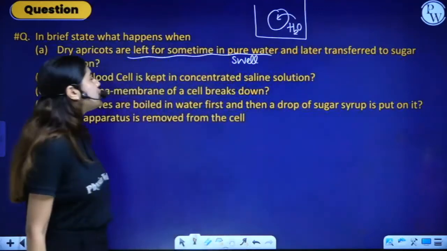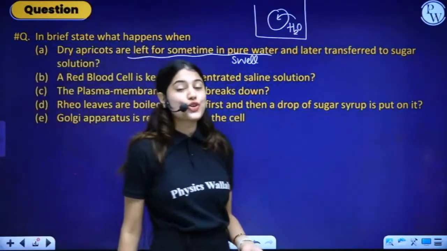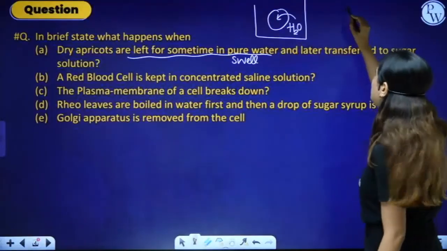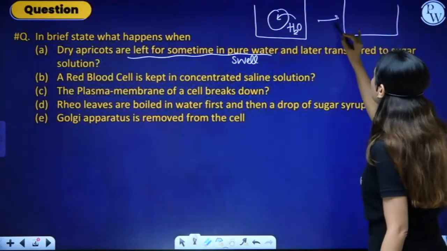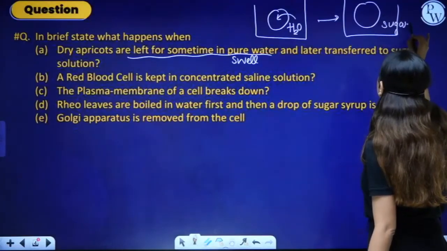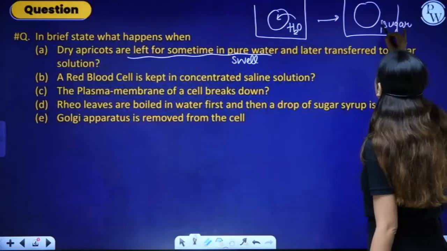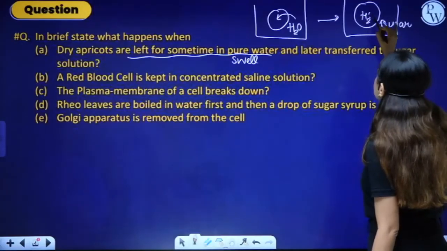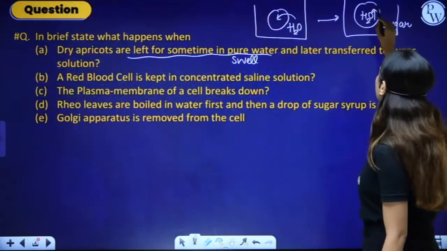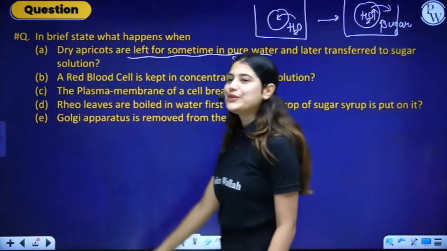And then we transferred it to the sugar solution. Sugar solution means, obviously, the solute will be high and the water will be less. So we transferred it into a sugar solution, basically having less water and more solute, right? That is, more water will be present inside the apricot. So obviously now what will happen? The water will move out.